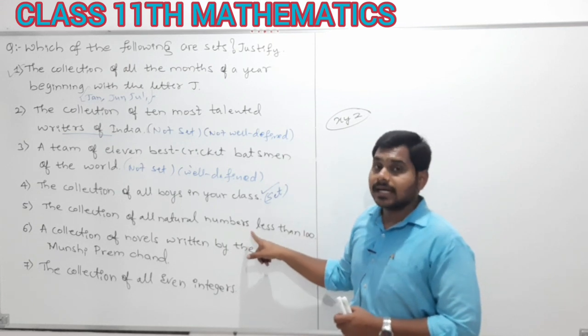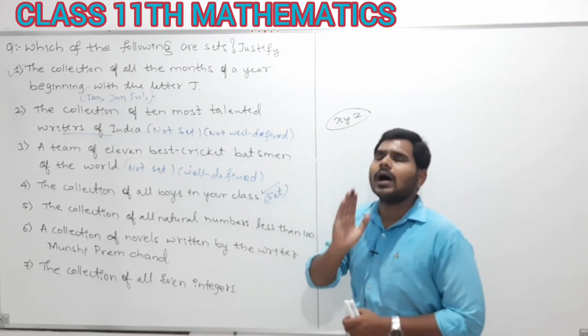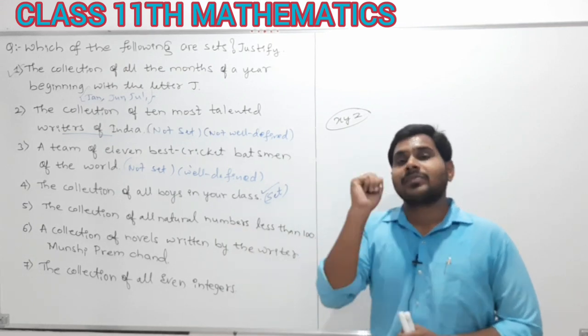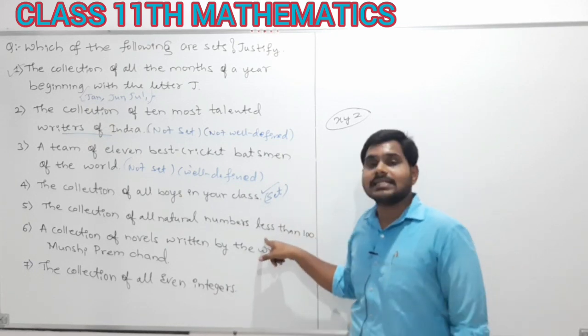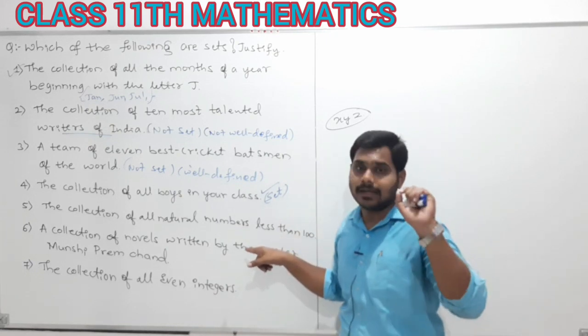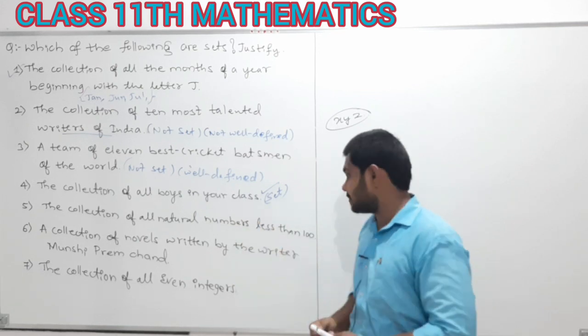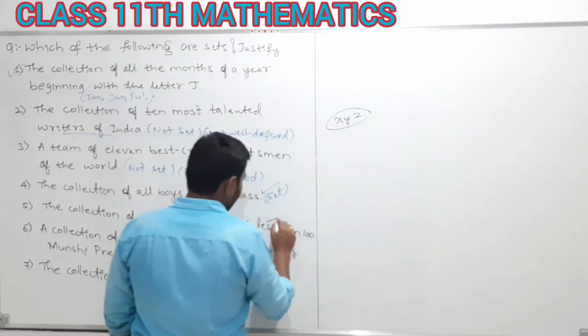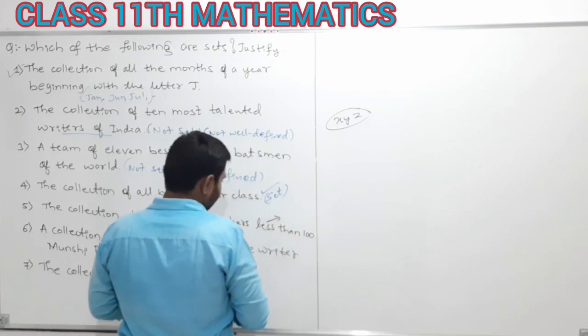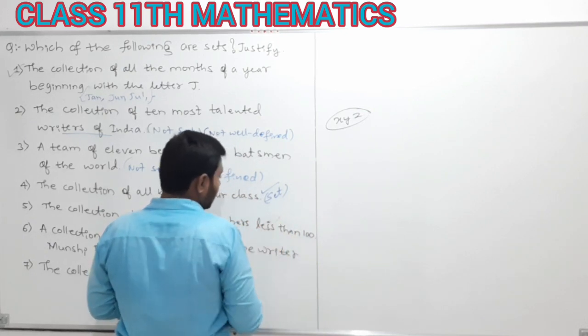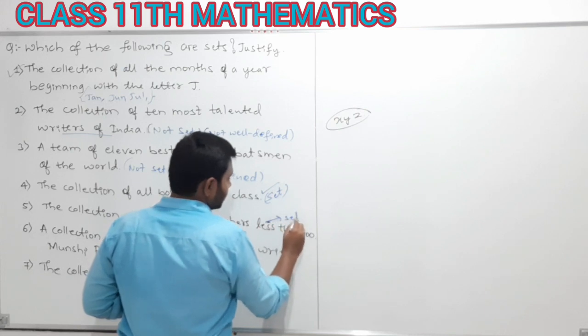So here it is well defined. One can easily tell whether the given number is contained in this set or not. For that reason I am telling that this is a set. Clear? This is an example of a set you can take.